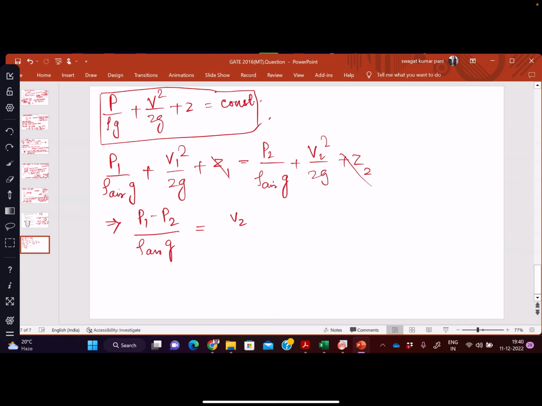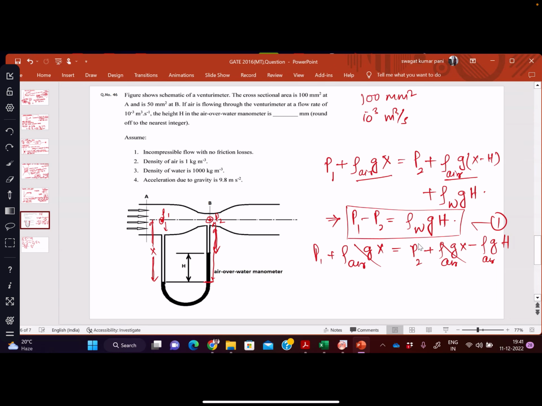This is equal to V2 square minus V1 square by 2g. P1 minus P2 you have calculated already. What is that? Rho W g h. We'll put that here.